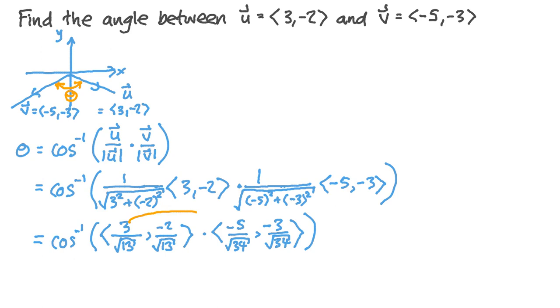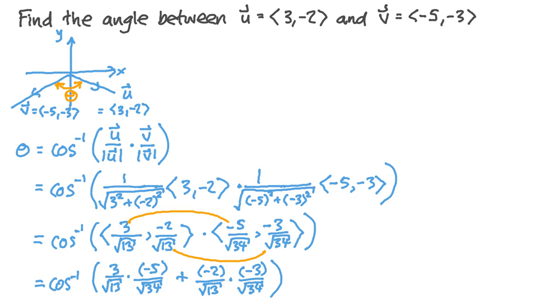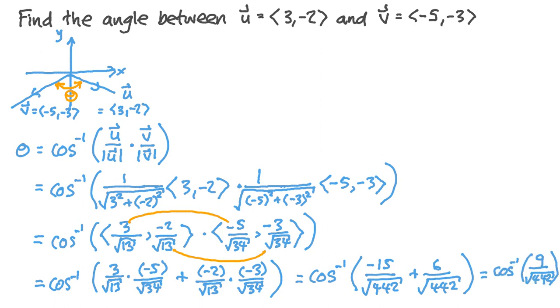That's this component times this component plus this component times this component, which gives us 3 over root 13 times negative 5 over root 34, and negative 2 times negative 3 over root 13 times root 34. So that gives us negative 15 over root 442 plus 6 over root 442. Add those two together and I've got minus 9 over root 442.